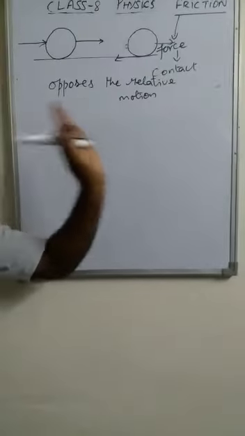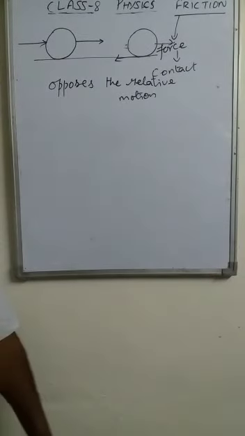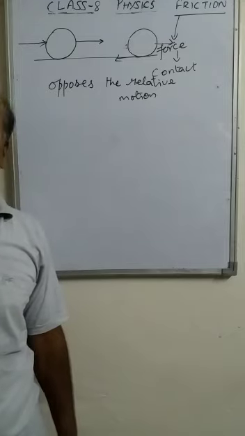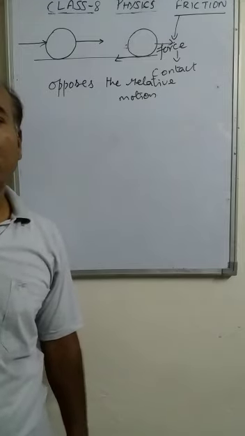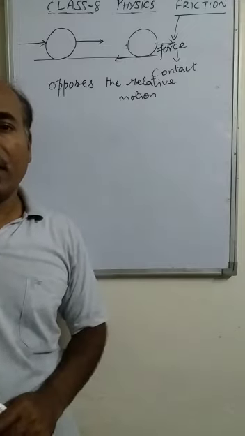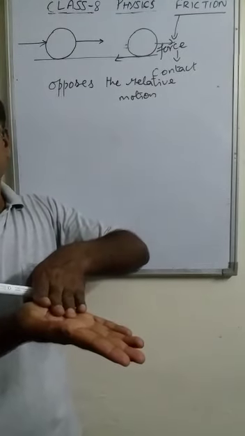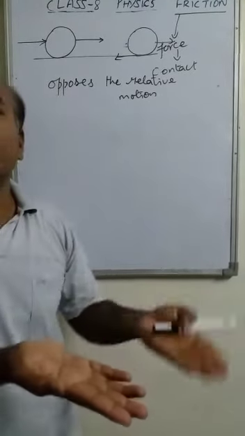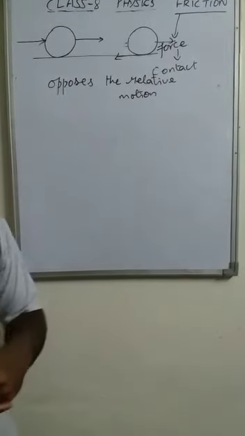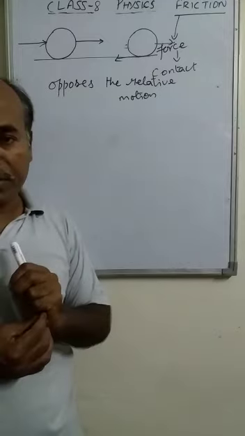That is the main function, the main role of this friction. And then we'll come to know on what factors friction depends. Can we change the friction between two surfaces? Means, can we increase or decrease the friction between two surfaces? That will also be discussed in the continuing session.